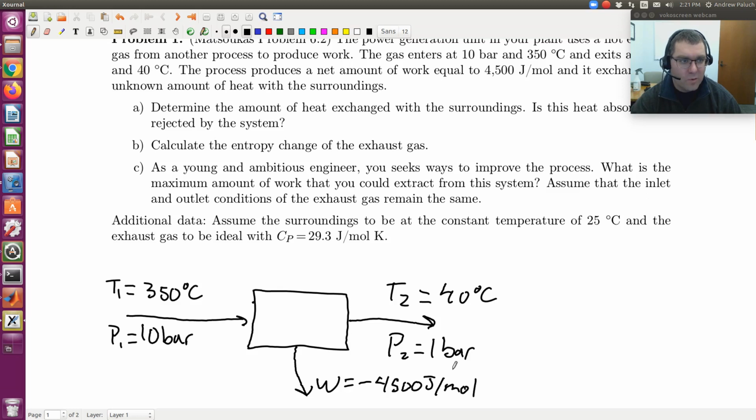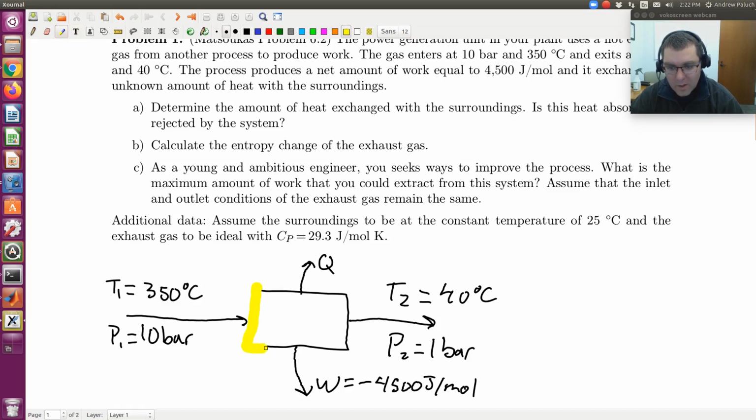Negative because it's work produced, so it's work done by my system on the surroundings. There's going to be some heat exchange, and it doesn't tell us if it's heat added to or removed from my system. So I'm just arbitrarily going to draw it as heat removed. When we perform our energy balance, we'll find what the sign of Q is.